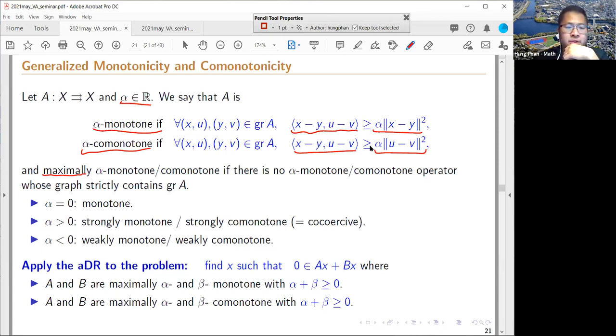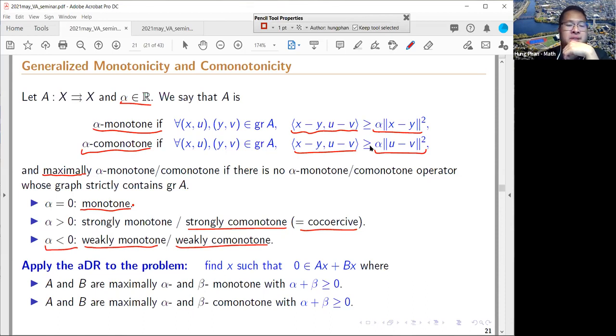When alpha equals 0, both of these concepts become just monotone. Alpha greater than 0, we include the word strongly in there, so strongly monotone or strongly comonotone. Strongly comonotone is actually co-coercive in the monotone operator theory. And alpha less than 0 is weakly monotone and weakly comonotone.